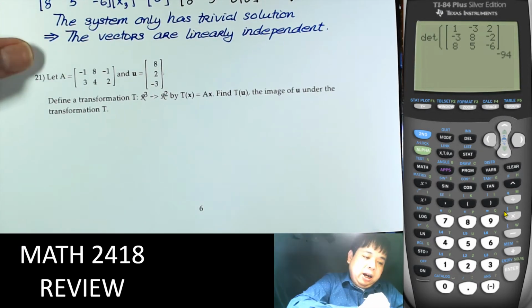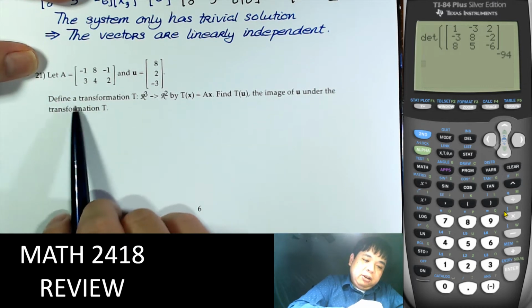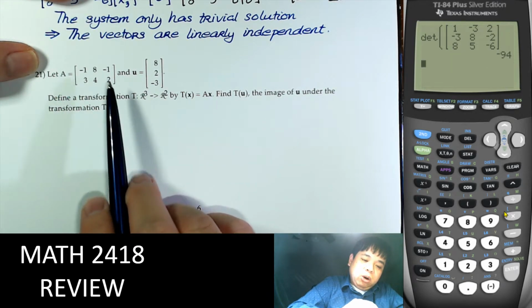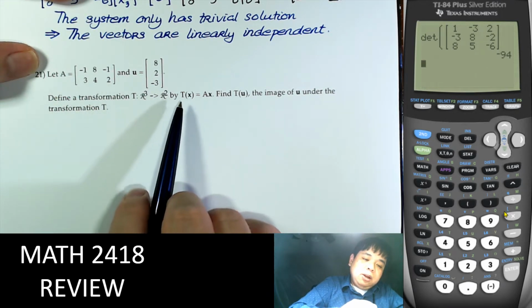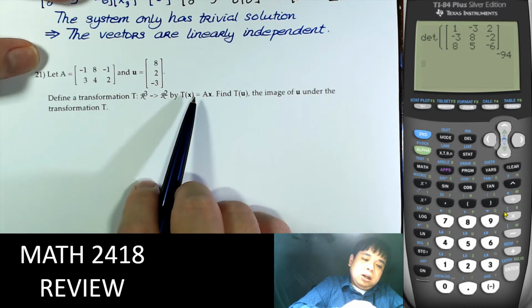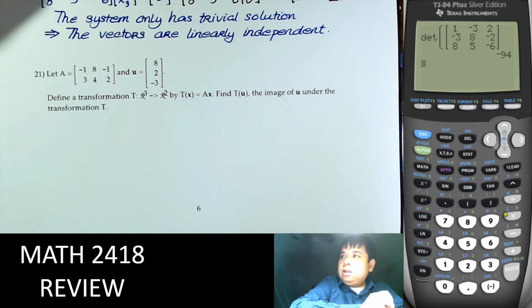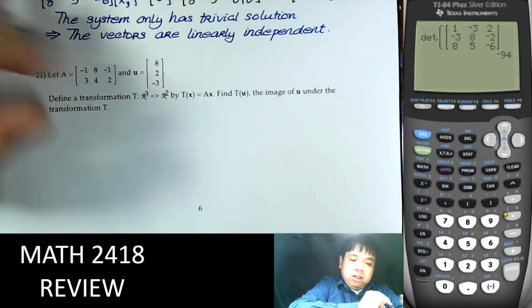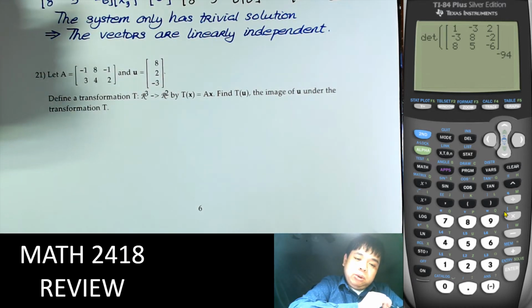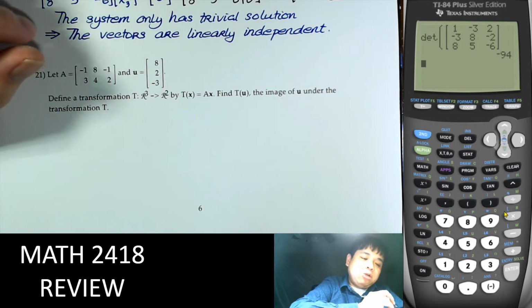Next, let A and U be that. Define the transformation from R3 to R2 defined by this. By this transformation, find T of U, the image under the transformation of this one. Pretty much very straightforward.